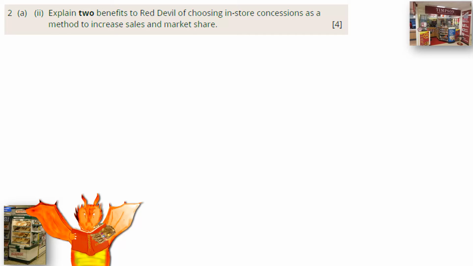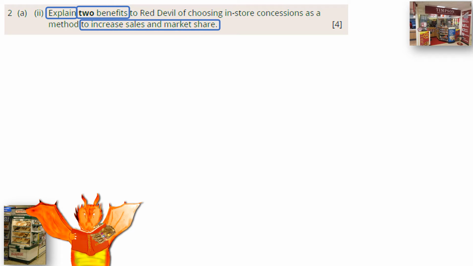And after the second part of the question, we need to also here look at the command words. So here we're looking at the command word explain. So that's asking you to look in close detail and establish the key facts and important issues around the 2 benefits to Red Devil of choosing an in-store concession so that they can increase their sales and market share.